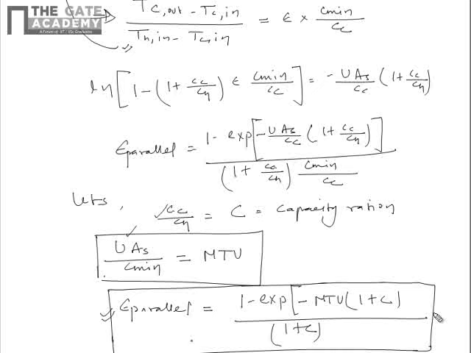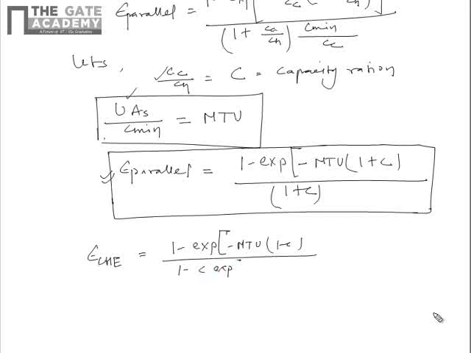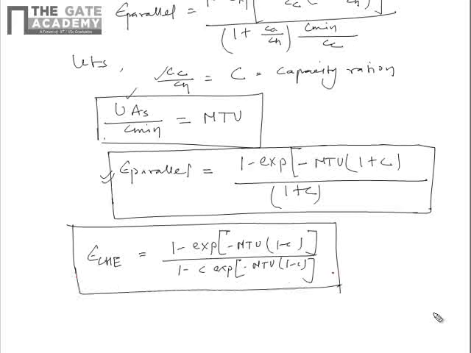Similarly, we can derive an equation for a counter flow heat exchanger. For the counter flow heat exchanger, it is equal to 1 minus exponent of minus NTU (1 minus C) upon 1 minus C exponent of minus NTU (1 minus C). This is for counter flow heat exchanger. These two are very important.